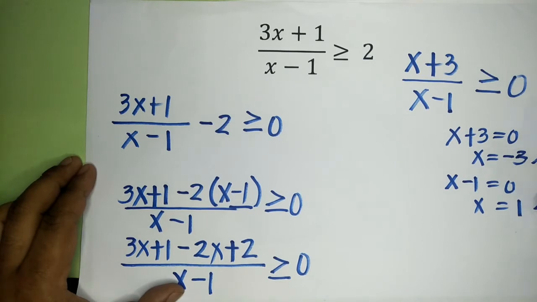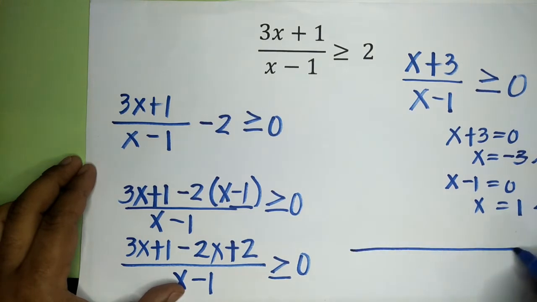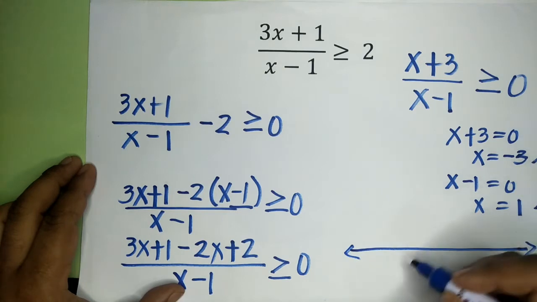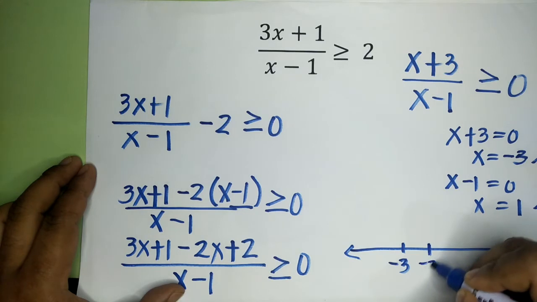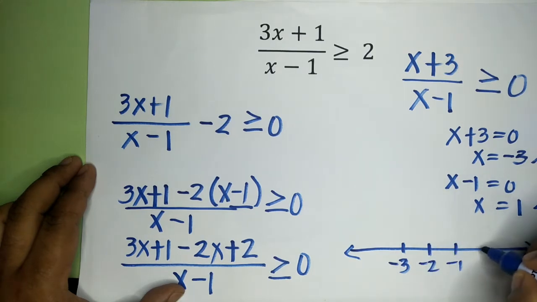So, sa critical values, yan yung gagawin natin sa paggawa ng number line. So, negative 3 nasa left side. Negative 2, negative 1, 0, 1.